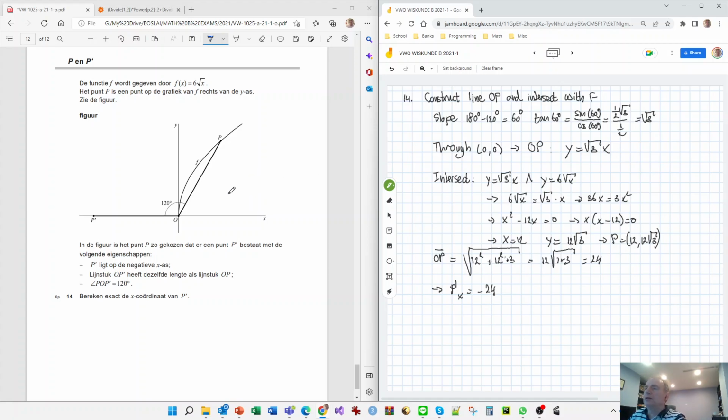And well, what is the slope here of this line? It's using the straight angle. It's 180 minus 120. And the slope is equivalent to the tangent of the angle. So let's calculate the tangent of 60.